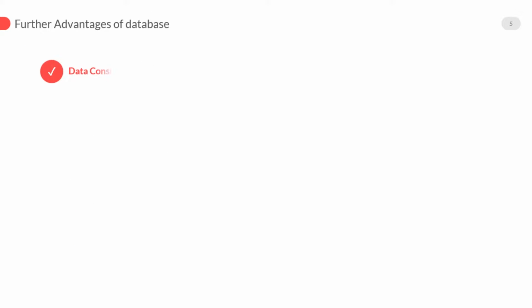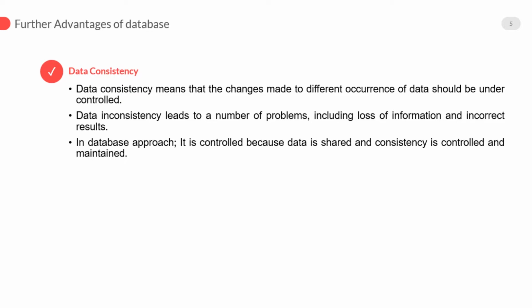First of all, data consistency. Data consistency means that the changes made to different occurrences of data should be under control. Data inconsistency leads to a number of problems including loss of information and incorrect results. Consistency, in other words, stability.